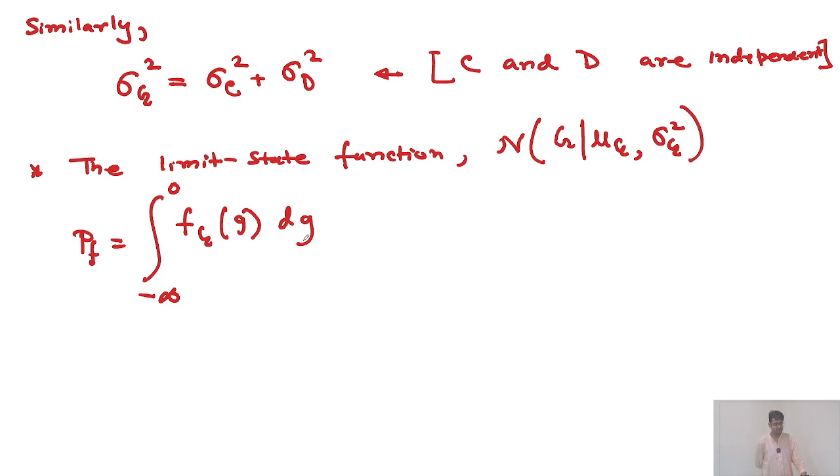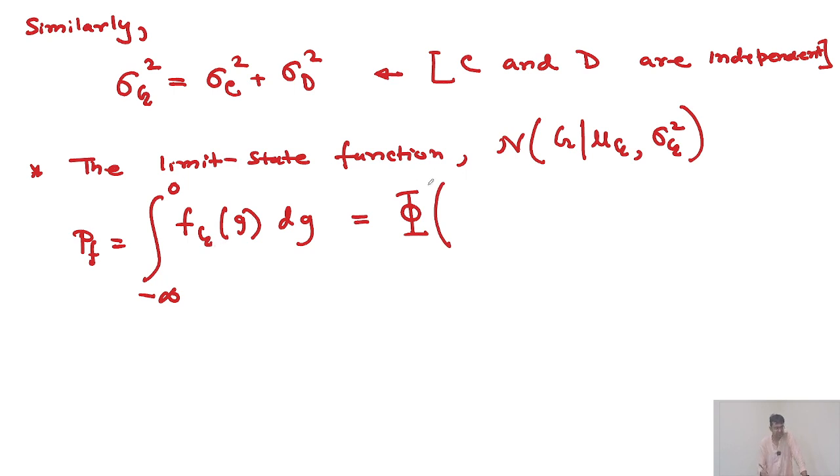How do you find the CDF of a Gaussian? Again, I'm assuming you have read the additional slides. But how do you find the CDF of a Gaussian? Or how do you represent it? By converting it into standard Gaussian and then using the standard Gaussian table or chart. And this was developed when there was no calculator, obviously, because this is much older, Gauss, right? Long back. So this basically you write as the CDF of standard Gaussian. And then you need to convert this G into standard Gaussian.